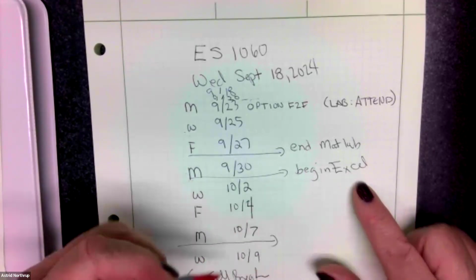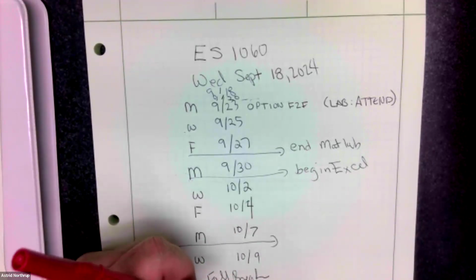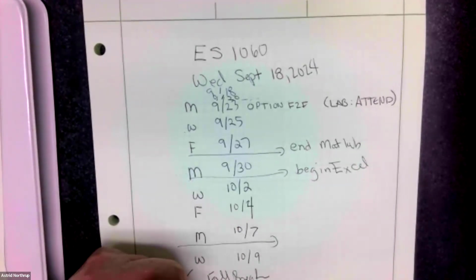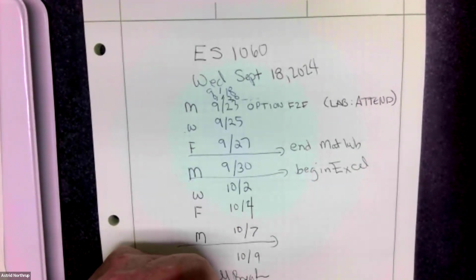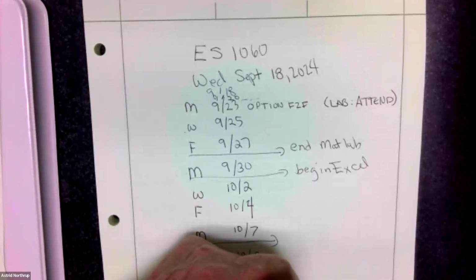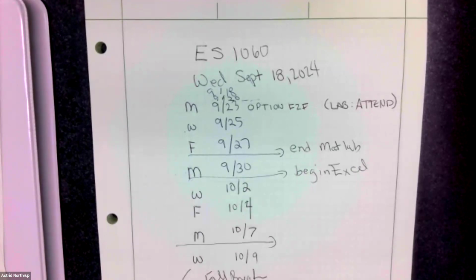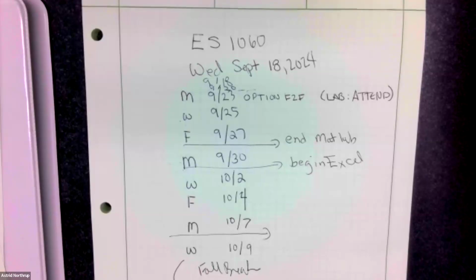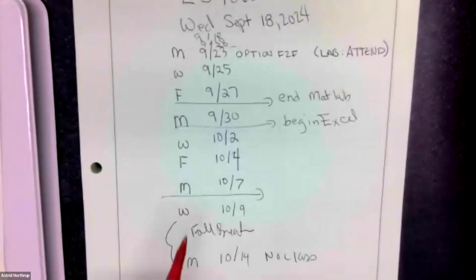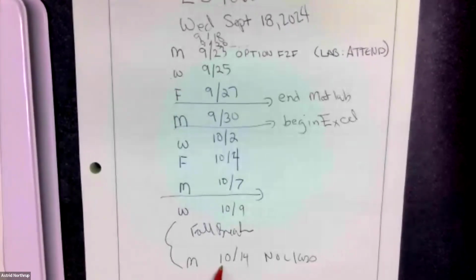And I'll put this up on my screen in just a second. So fall break, that means that Monday the 14th, there is no class. And so that's kind of the schedule that we are working with. Okay, so we'll begin Excel here, and then we'll have fall break here.